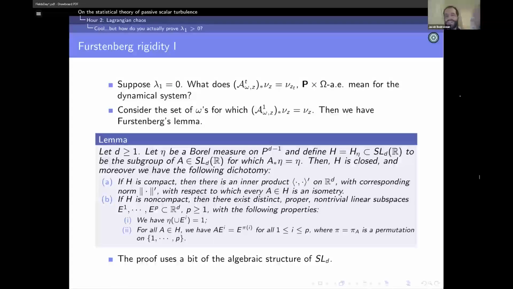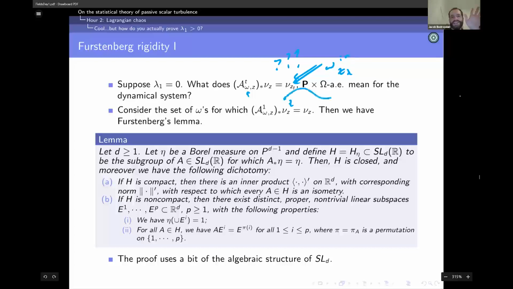Right. So what does this actually mean for us? If you look at it, it's clear there's an almost sure degeneracy from this statement, right? Because there's an omega here, and there is an omega here wrapped into ZT. But if there's more than one way to go from Z to ZT, if more than one omega goes from Z to ZT, then you have something very interesting, right?